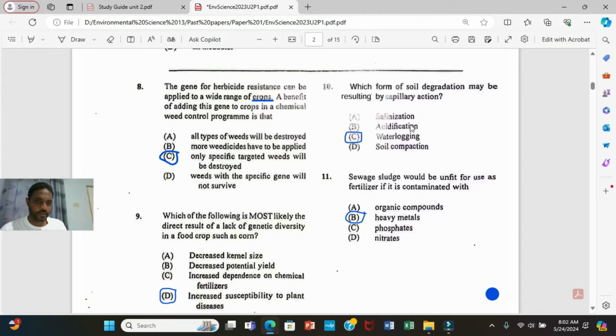So that's the principle of capillary action. If water is moving up, the best answer would be C. It would result more in waterlogging. And with waterlogging, acidification will come. So the best answer would be C, waterlogging.